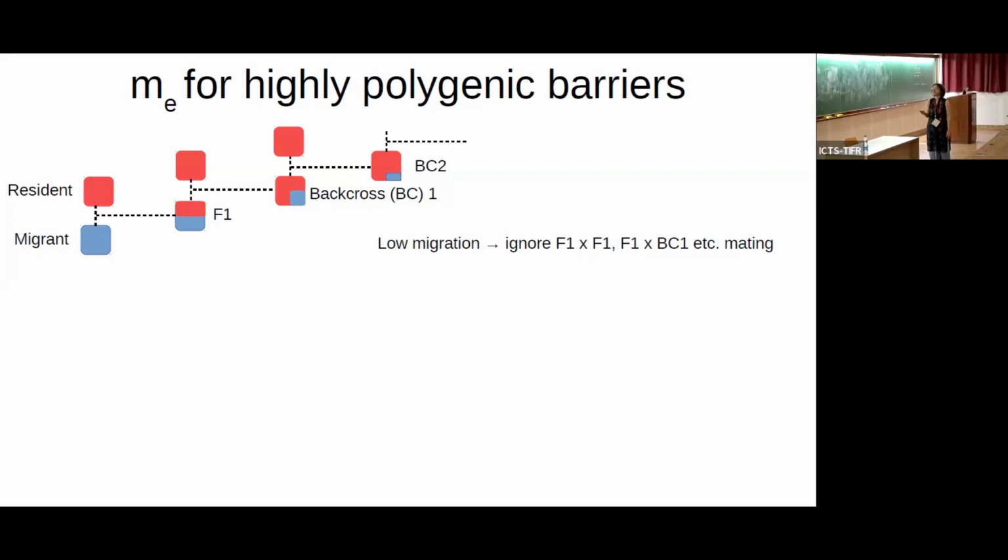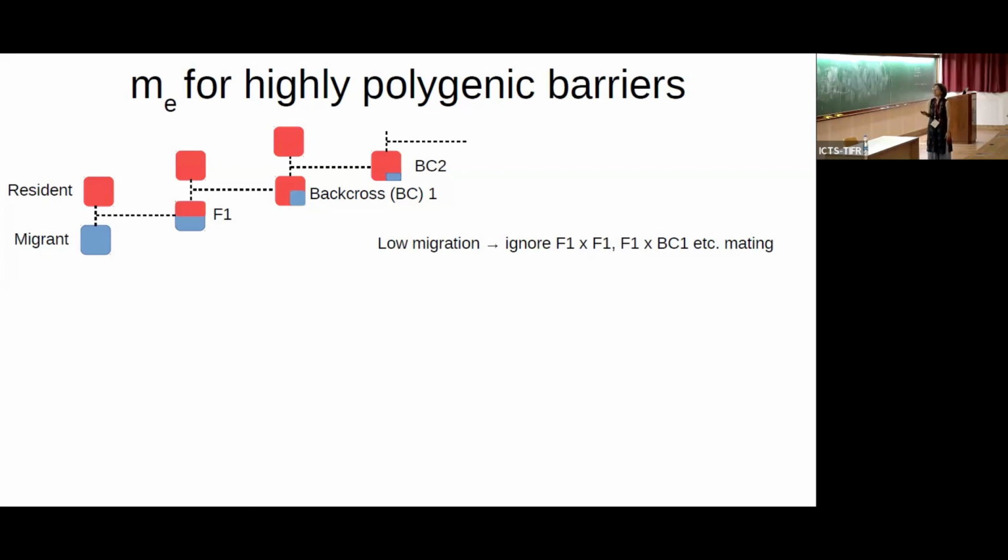Then most often this F1 individual will mate with another individual who's resident to that population. So this hybrid will end up mating with the resident individual, another individual who's well adapted.